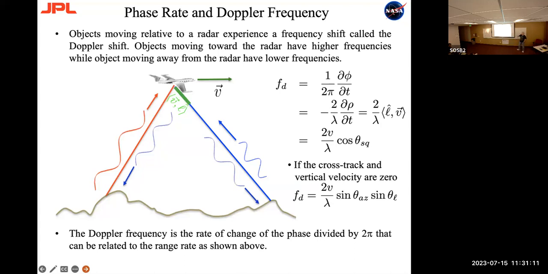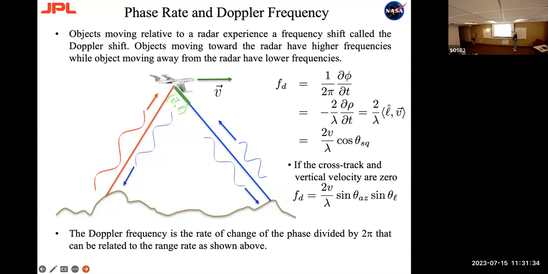So this just means change in phase with respect to time. Now phase, remember, is related to the wavelength and the 2 pi. So this is related to the change in range with respect to time, which makes sense, because this is going to be changing the range to make it larger or smaller relative to the radar.